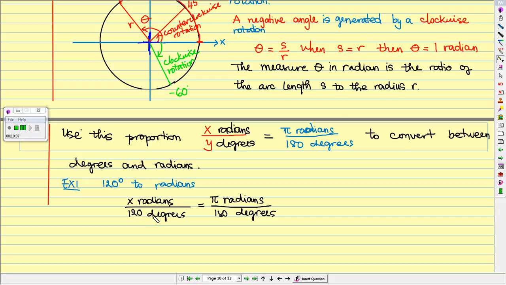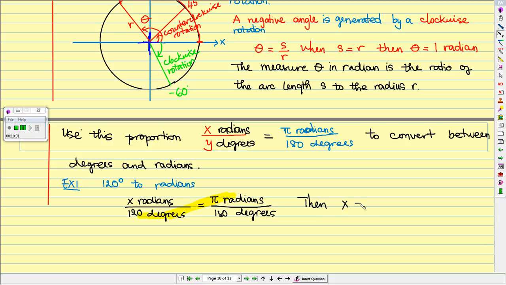Now we are going to cross multiply between these two ratios with the equal sign in the middle. So we take 120 times pi divided by 180.